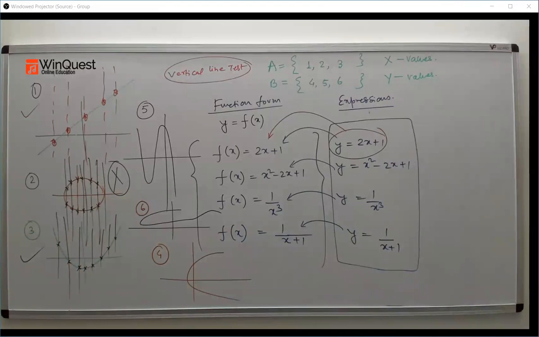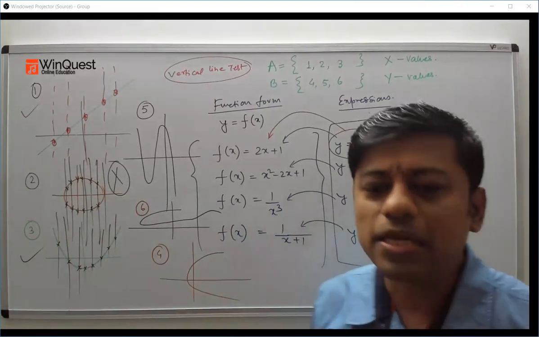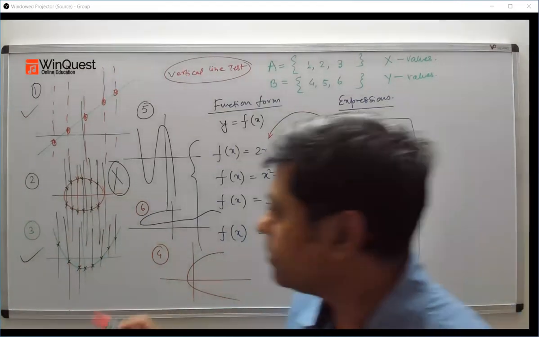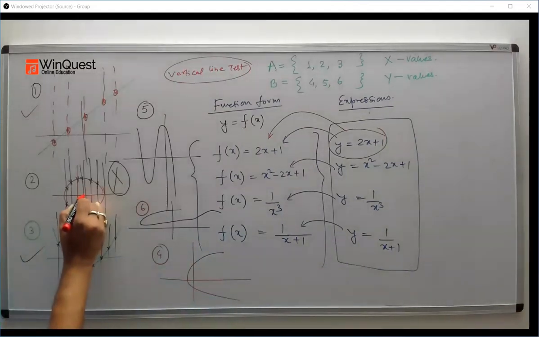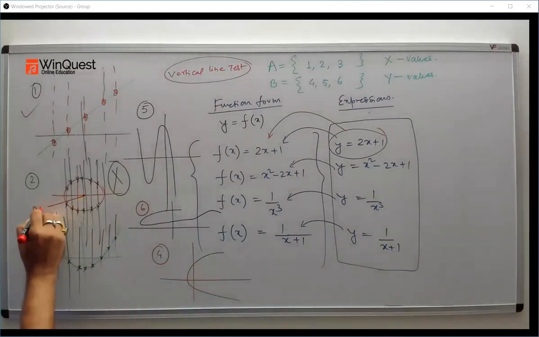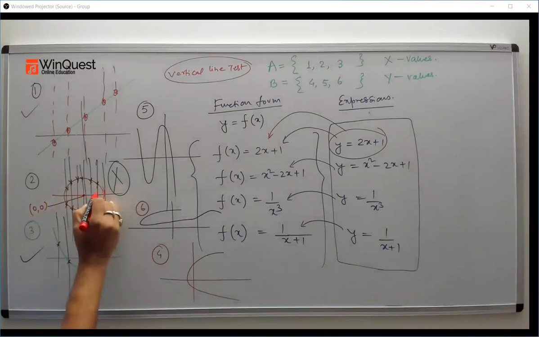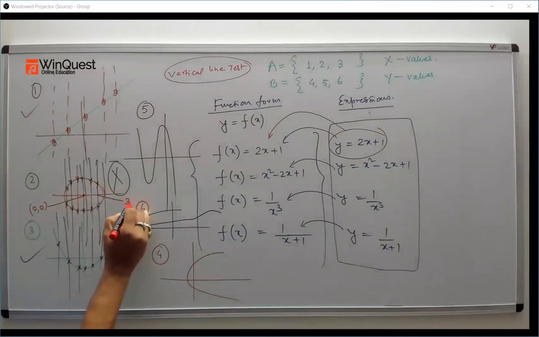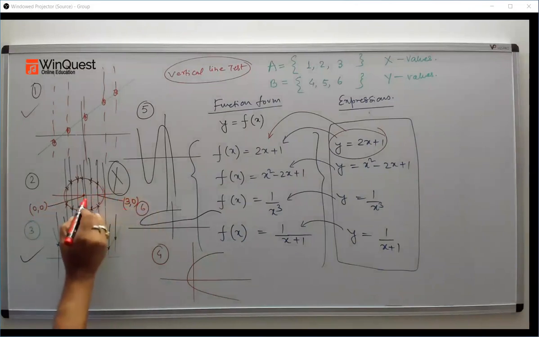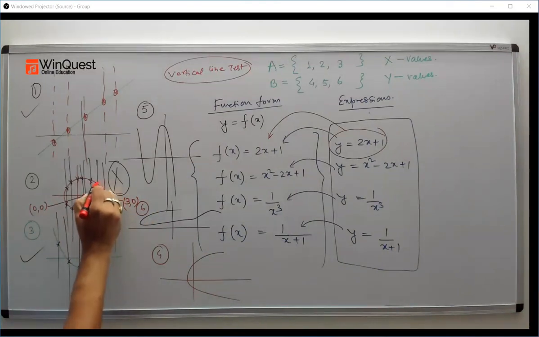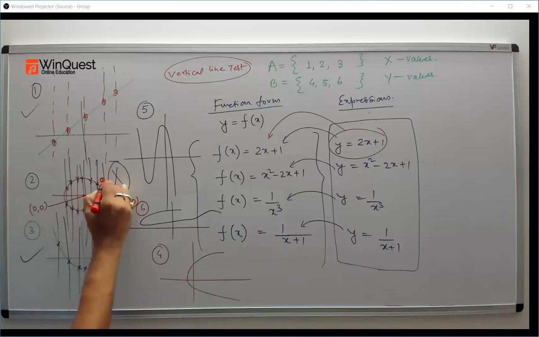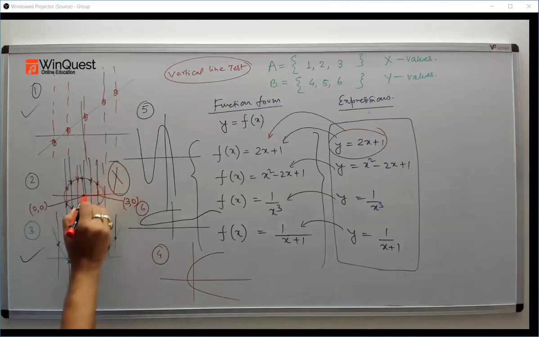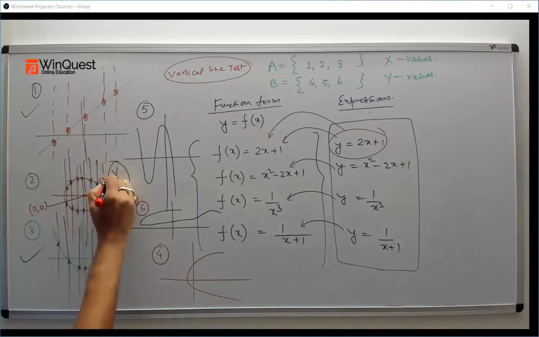Let's say this is 0, 0, the coordinate point. Let's say this is the coordinate point 3, 0. Now, when x equals 3, y has a positive 2, so 3, 2 here.